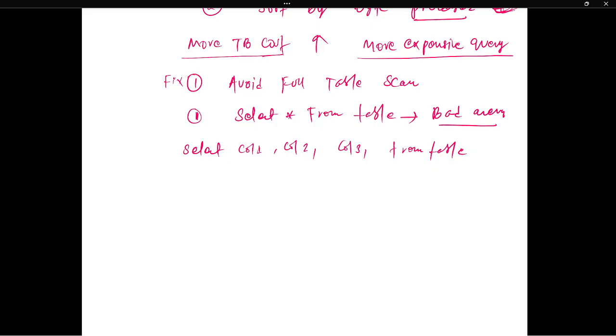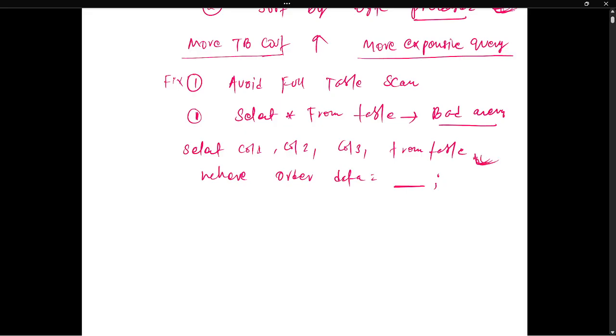You have to apply a certain filter condition, where order date equals today's date. So this is the good query. If you write like that, you will reduce your full table scan. Then you can reduce your cost by 70 to 90%.